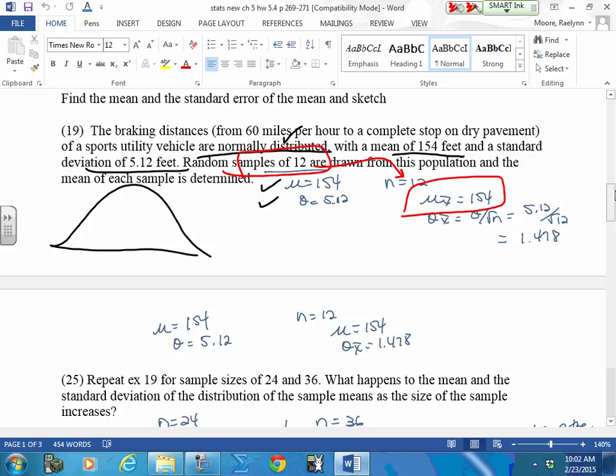The standard deviation says take the standard deviation divided by the square root of 12. So all it does is take this about the mean and push it in a little closer to the mean. There's less variance. Your standard deviation is smaller, so there's less variance.